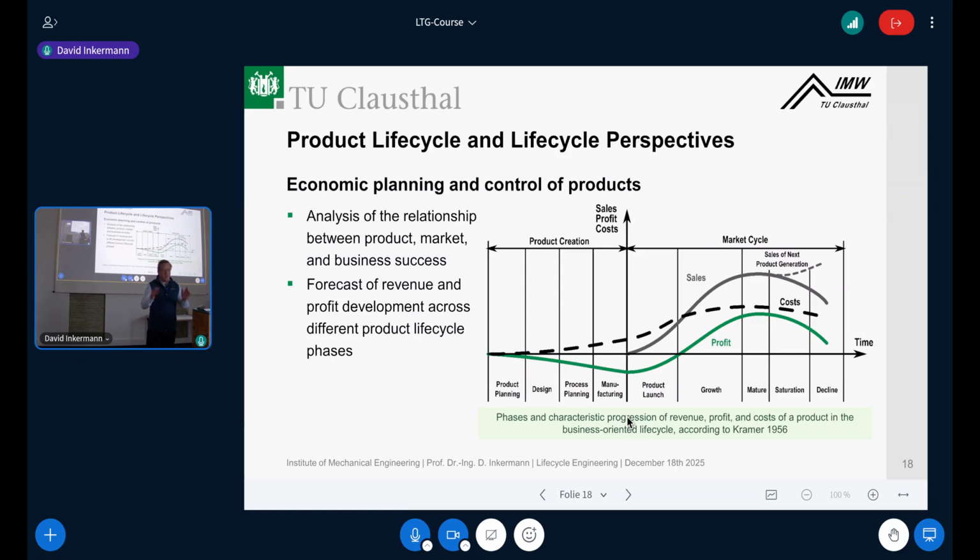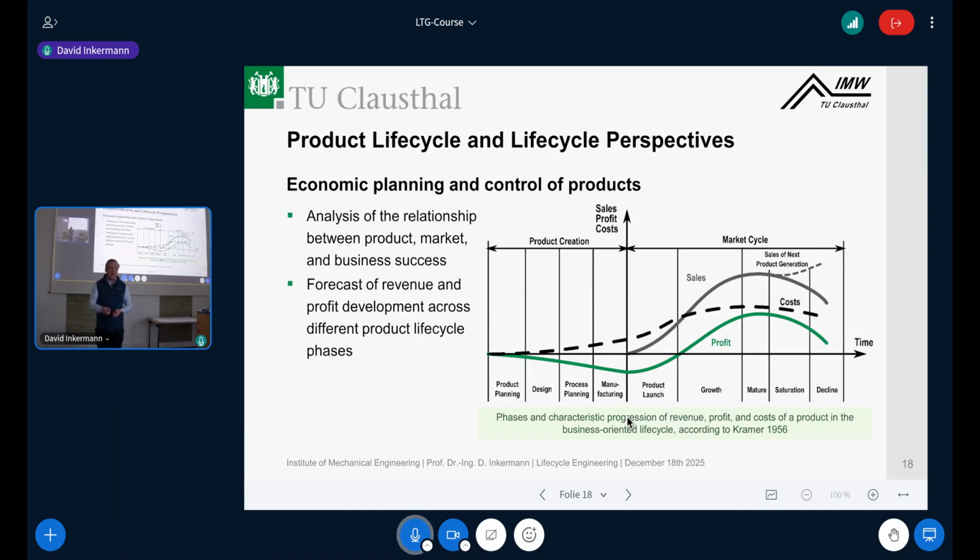One very basic model to describe this economic perspective is given here, and that is analyzing the product in relation to the market and the business success we can drive. And that is also what you can observe as a customer. Normally there's a product launch of a new model, or new generation of a smartphone, for instance.